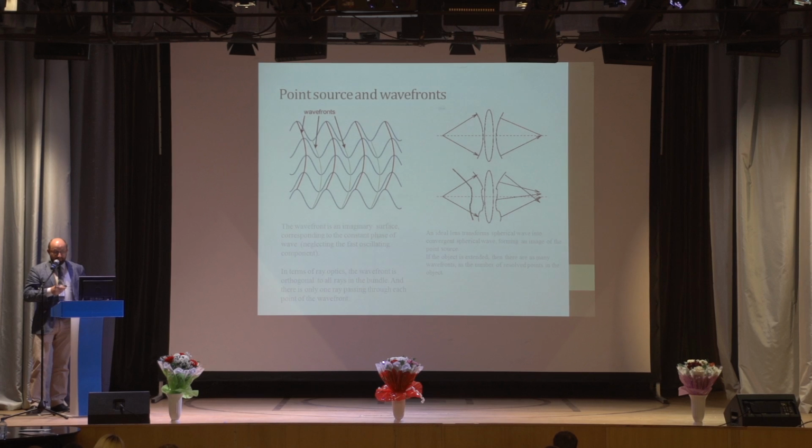For instance, if you look at my face, and you can see my face with details, it means that you have many points. And each point is a source of a wavefront, which basically means that to be able to measure a wavefront, you need to say, I want to measure the wavefront from that particular point.